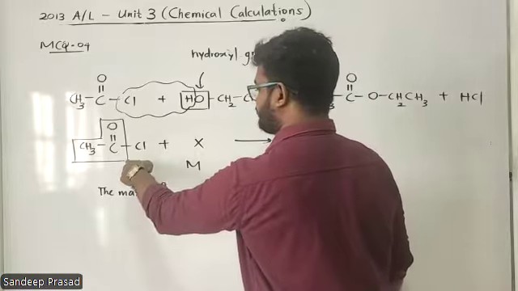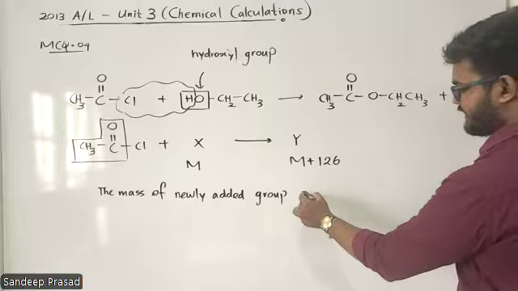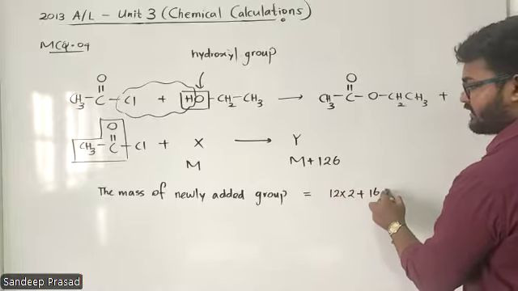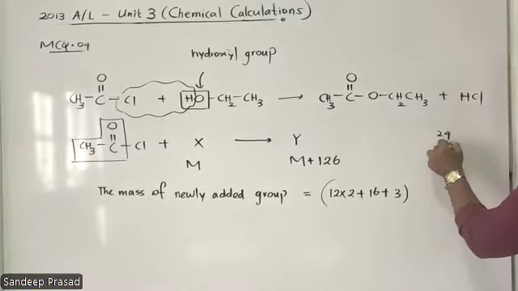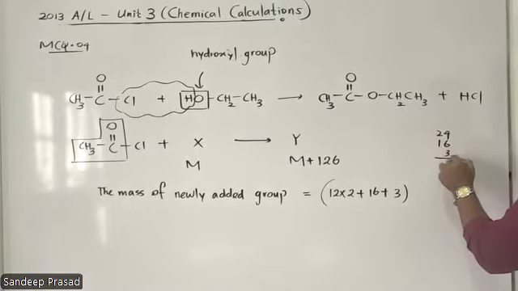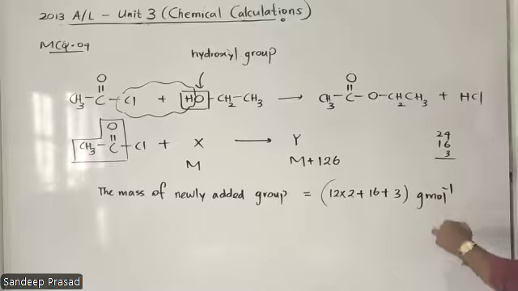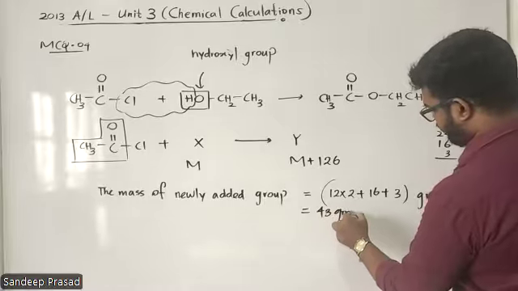The CH3C double bond O group. So there you can see that 2 carbon atoms are there, 12 into 2, 1 oxygen 16, and 3 hydrogen. So therefore the summation will be 24 plus 16 plus 3. So that is 43 grams per mole, right? Per 1 mole.